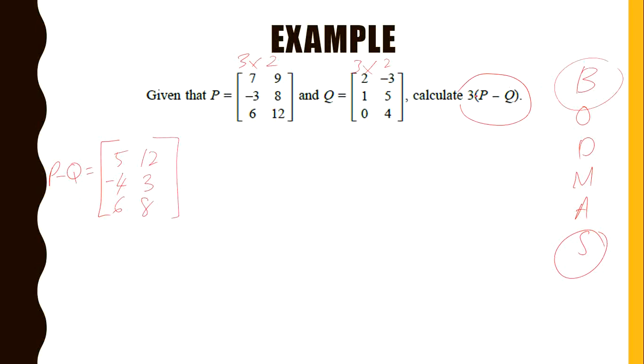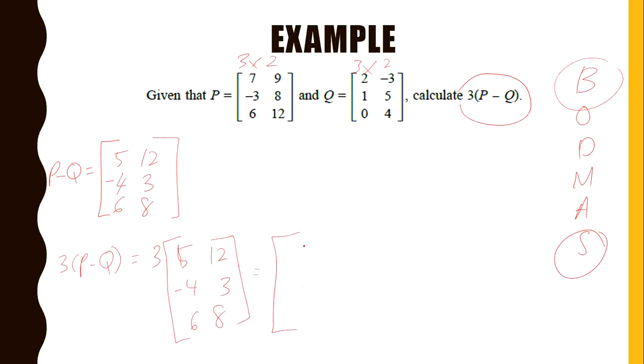Okay, next, we have this 3. This 3 needs to be multiplied with P minus Q. Okay, so 3 times P minus Q. This matrix is P minus Q. So, we multiply as usual, scalar multiplication.